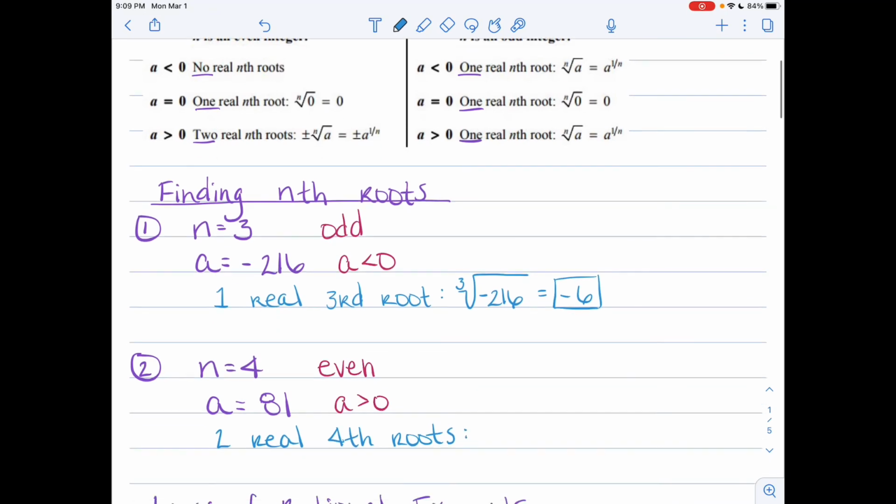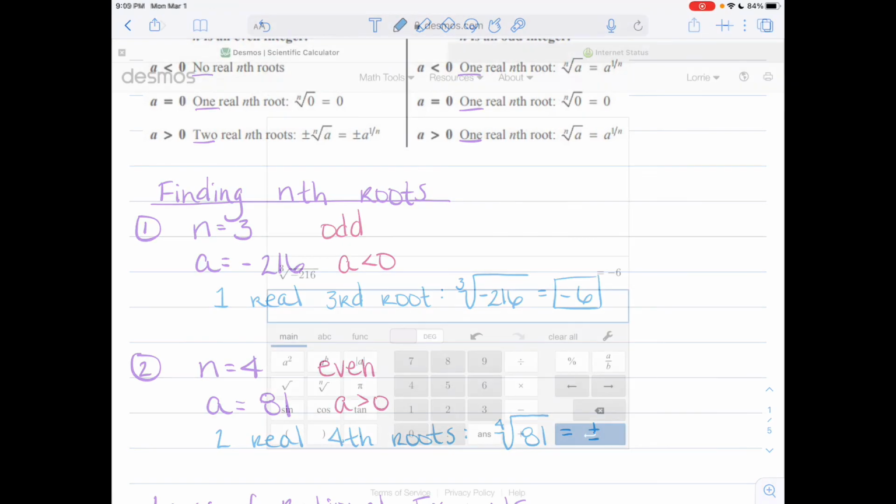So let's write this in our radical form like this. We want the fourth root of 81. And this is going to be something that is a positive and a negative, and we need to figure out what that something is. What can we multiply by itself 4 times and get 81? You may come up with the answer by yourself, but if not, let's go to Desmos and evaluate.